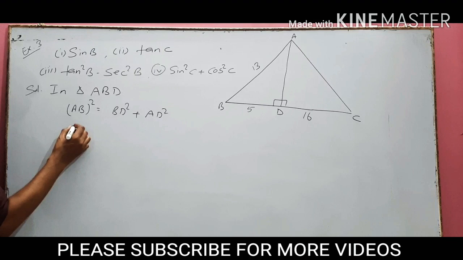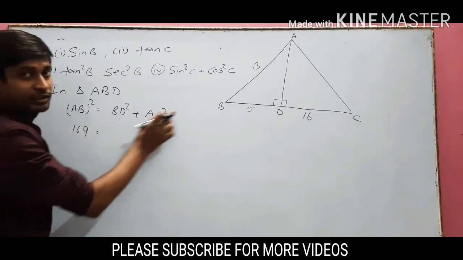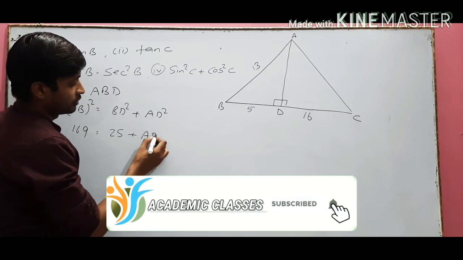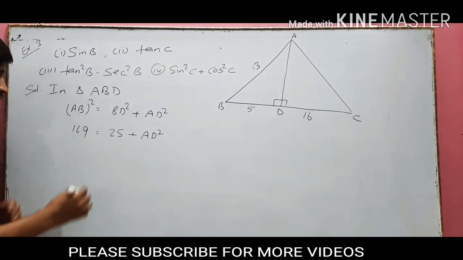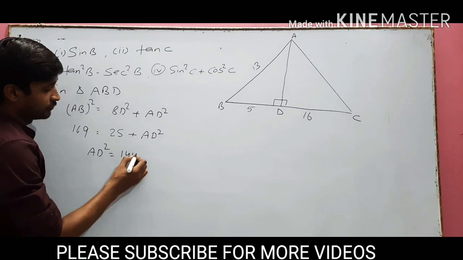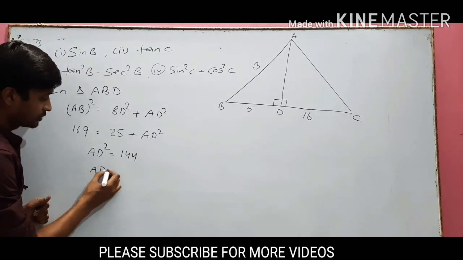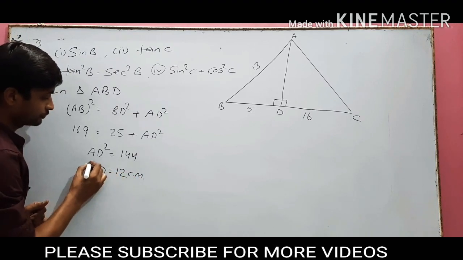So AB square, 13 square I directly write 169, BD that is 5 square, that is 25, AD we have to calculate. When we transfer this 25 this side we will get 144. So AD square is equal to 144 and we know this is the square of 12. So directly we can write AD is equal to 12 centimeter, right?